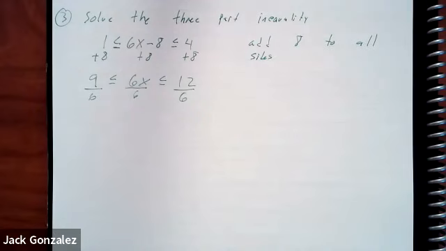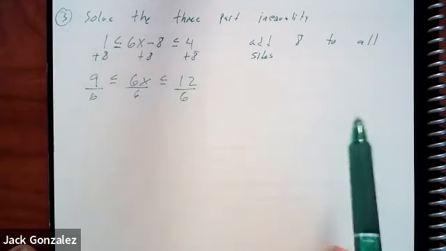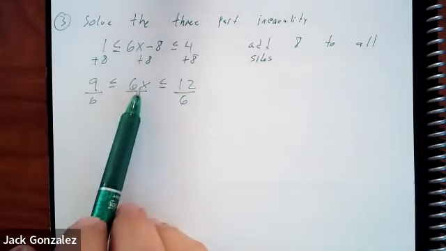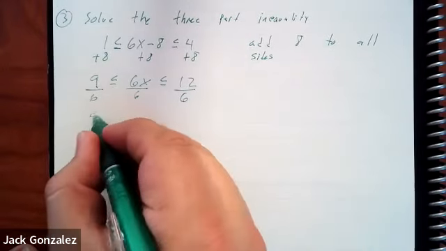Focus on getting the x by itself in the middle. That's the goal. Whatever operation you choose, you have to do it to all 3 sides. Someone said add 8, so we did +8 on all sides. Now we're going to divide by 6 everywhere.